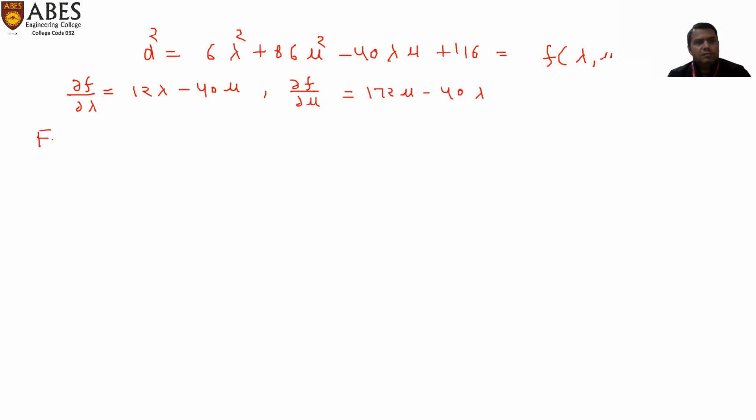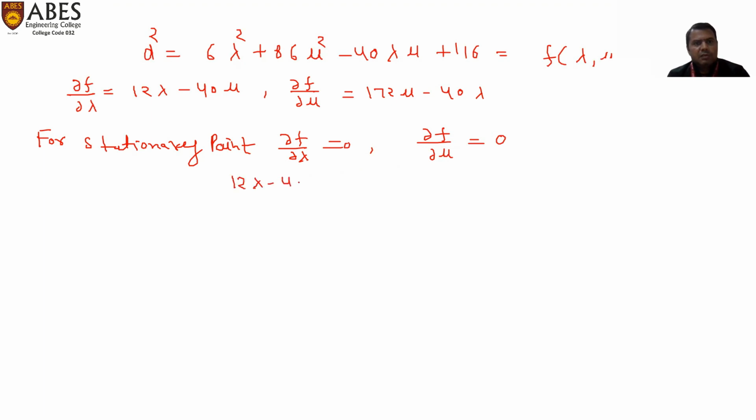And for the stationary point, we put del f over del lambda equals 0 and del f over del mu equals 0. So we get two equations: 12 lambda minus 40 mu equals 0 and 172 mu minus 40 lambda equals 0.